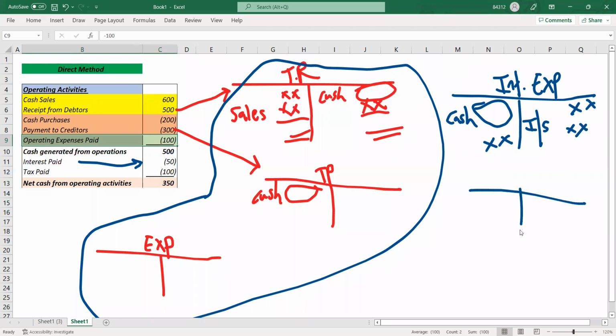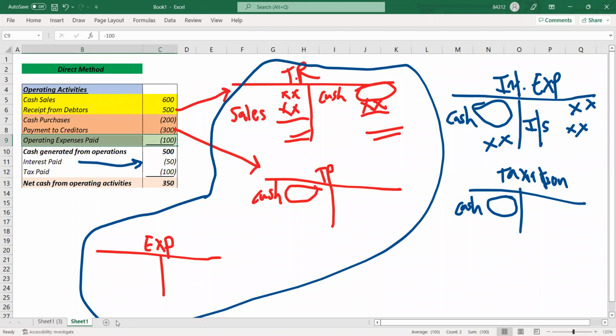And finally, for the tax paid, we prepare the taxation account. Through this, you can find out the cash paid to tax. Okay, so these accounts are compulsory when you prepare the cash flow statement using the direct method.